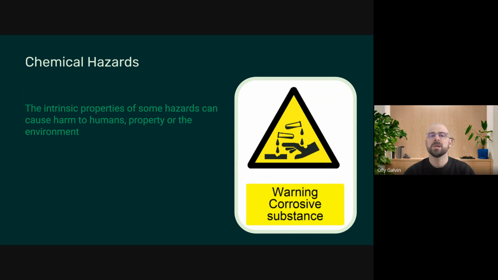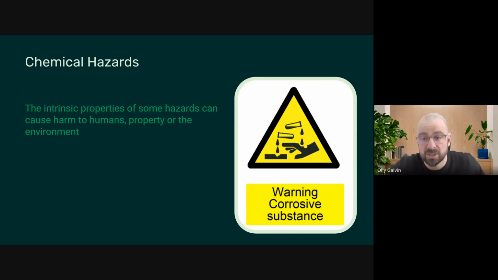Chemical hazards. The intrinsic properties of some substances or chemicals can cause harm to humans, property or the environment. There's lots and lots of naturally occurring chemicals that can cause harm. Arsenic is naturally occurring. Radon gas is a naturally occurring chemical that can cause harm, but that's commonly encountered when we're digging underground in certain parts of the country.